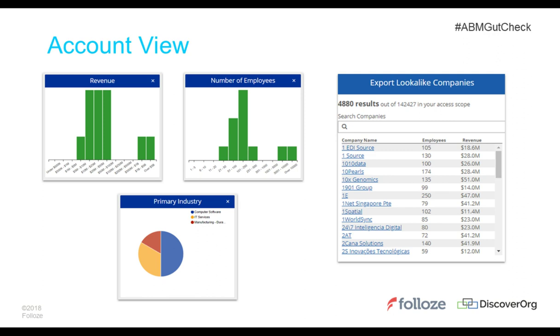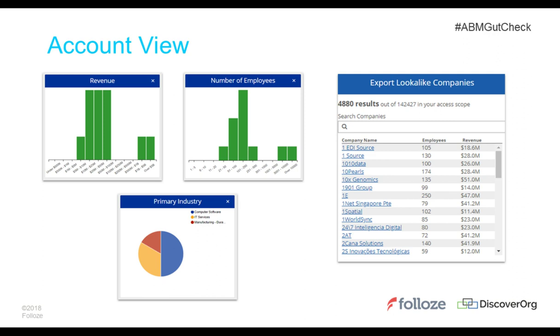And Account View just helps me to quickly and easily identify the firmographic and technographic similarities in a set list of accounts. And then on the right-hand side here, it also generates a list of lookalike companies. Based on these criteria, you can see in the revenue image here that it's between 10 million and 100 million.